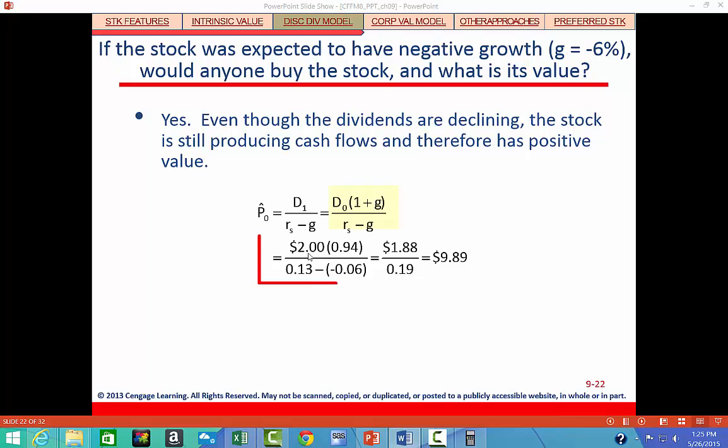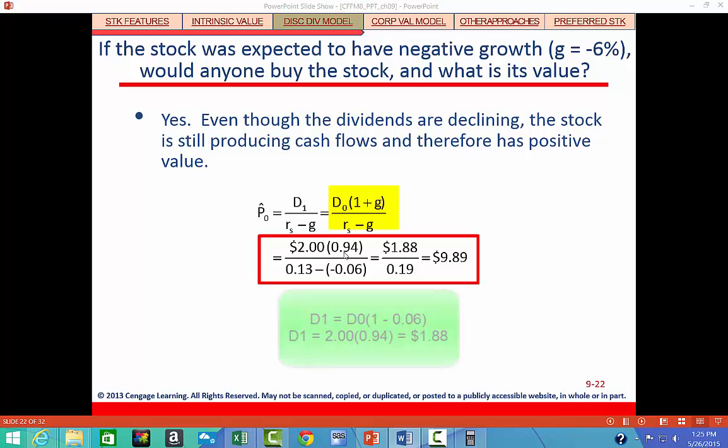Since I don't have D1 and I have this negative growth rate, I have to use D0 times 1 plus g. That's $2 times 1 plus negative 0.06. So that means it's less than 1, 0.94. And so we get 1.88 as the next expected dividend because it has that negative growth rate.